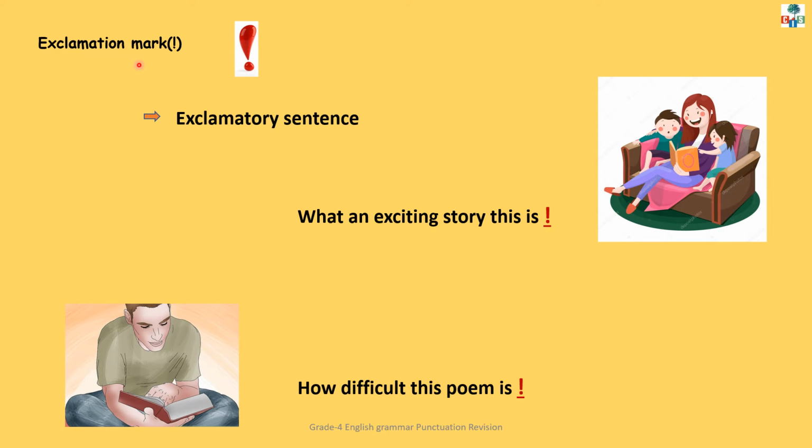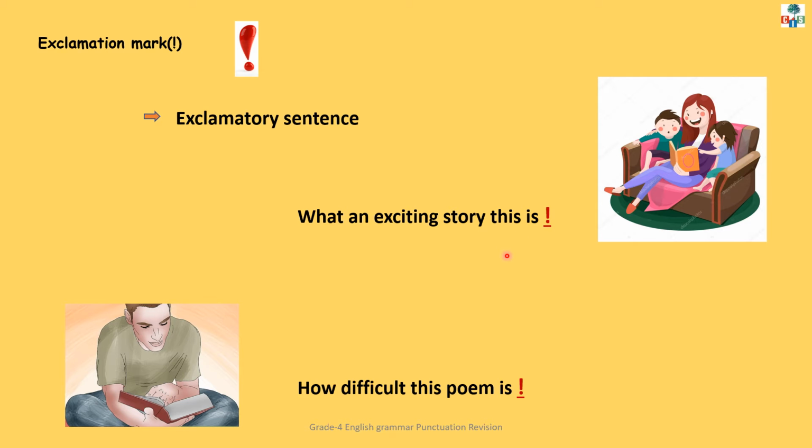Yes, children. Exclamation mark. Children, a sentence which expresses some strong feelings or emotions, at the end of those sentences, we will use an exclamation mark. For example, what an exciting story this is. Now, children are finding this story very exciting.